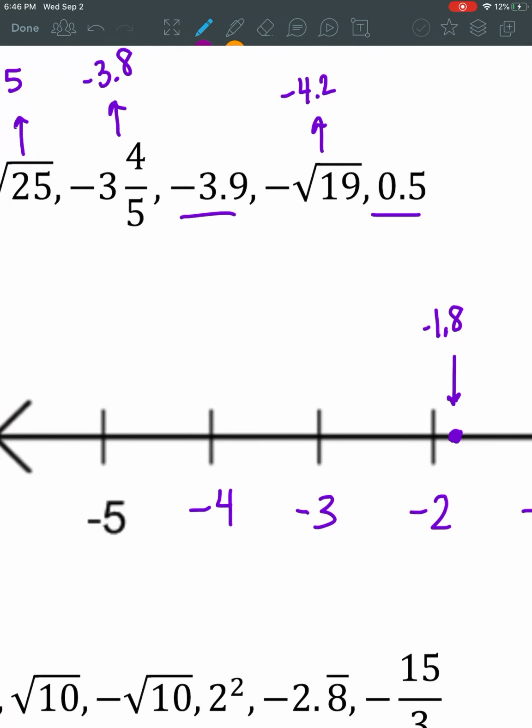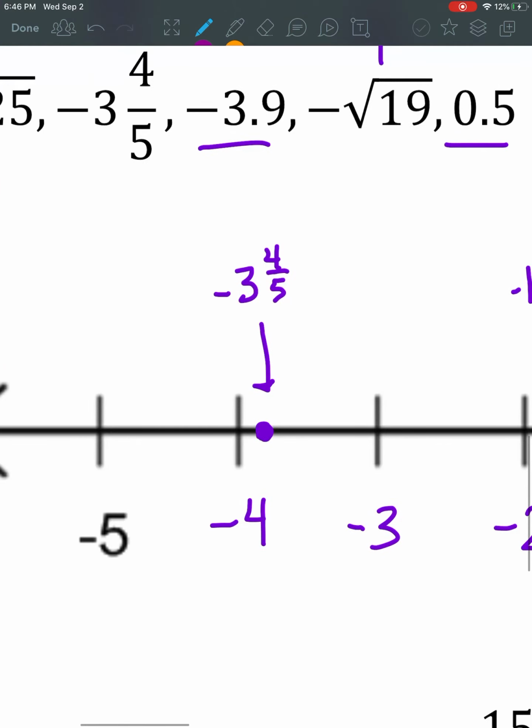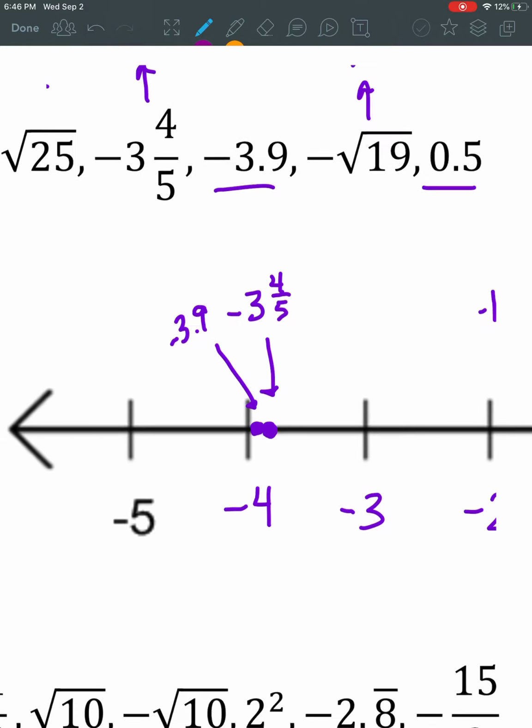We have negative 3.8. So that is, again, in between negative 3 and negative 4, but closer to negative 4. It's past the 3.5. So this is negative 3 and 4/5. Negative 3.9. Ooh, that's really close. So these guys are right next to each other. And I'm going to have to make a line over here.